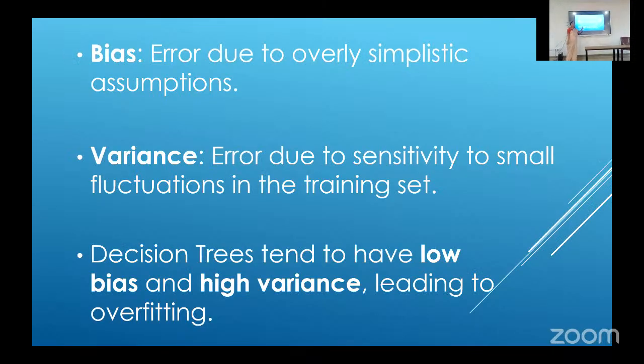So here, normally, decision trees always have low bias and high variance. What is low bias? The errors due to assumptions will be less when compared to the errors we find due to small changes we make in the data set. Okay, next.